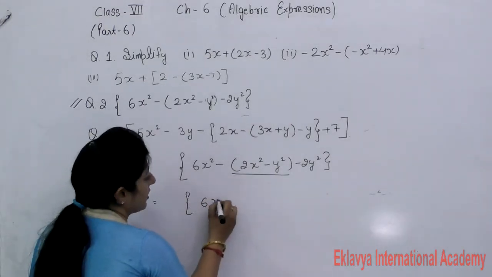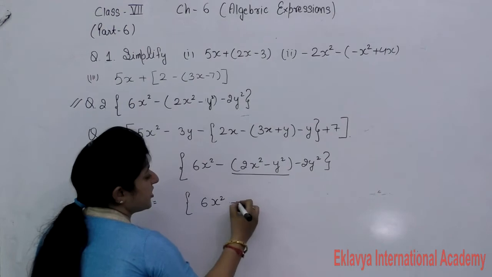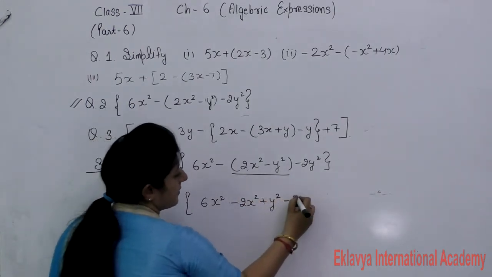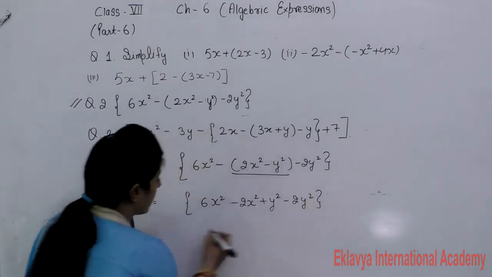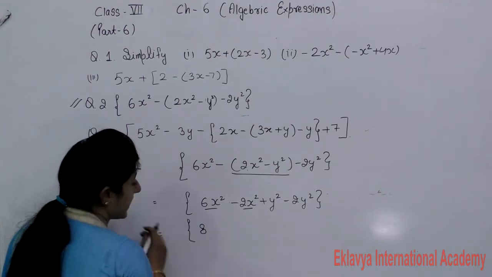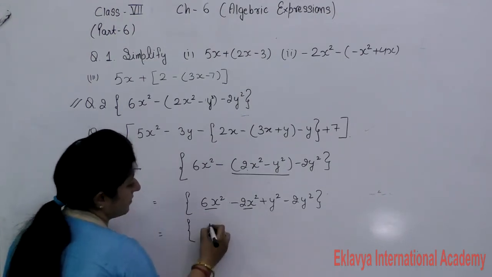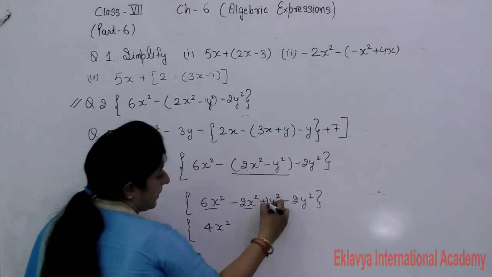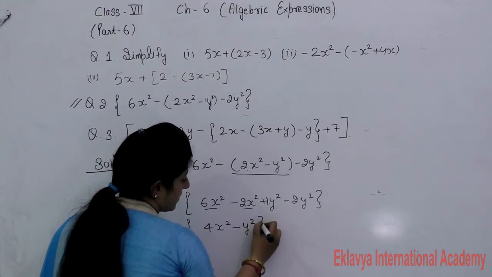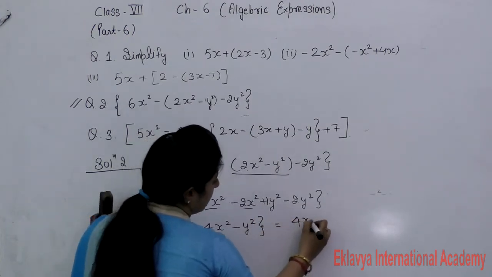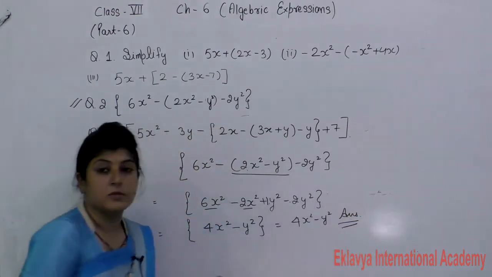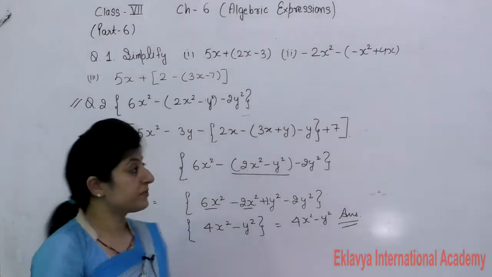Now see, before this there is a negative sign, it means change: plus changes into minus, minus changes into plus, and minus 2y square. Now solve the like terms. 6x square minus 2x square, 6 minus 2, 4, plus 1 minus 2, minus y square. Or you can write directly 4x square minus y square. This is your answer, because both are like terms.